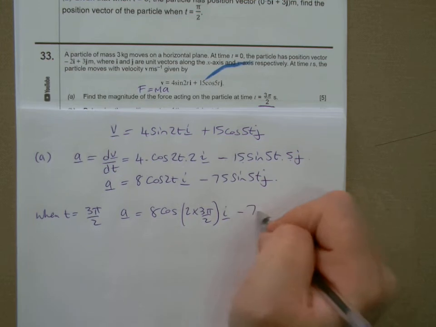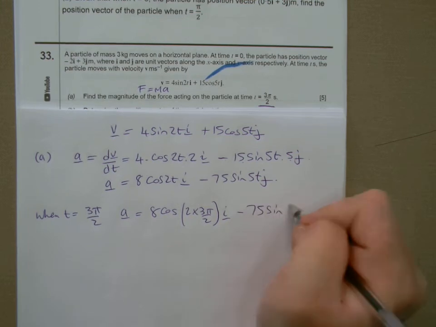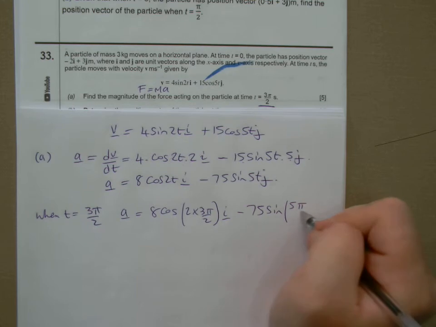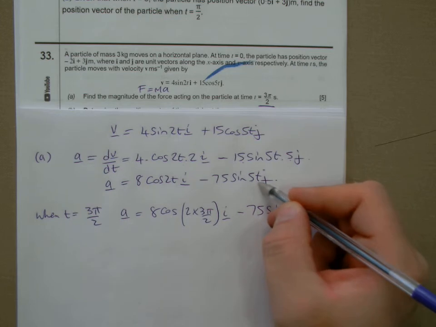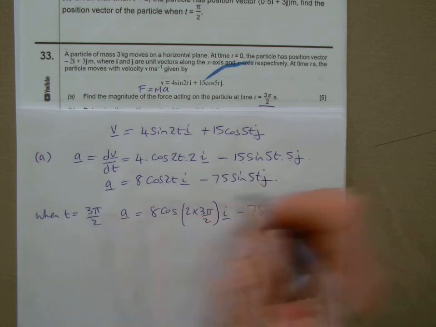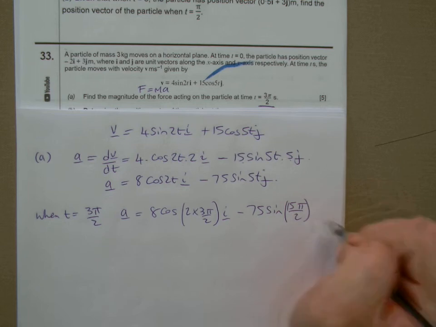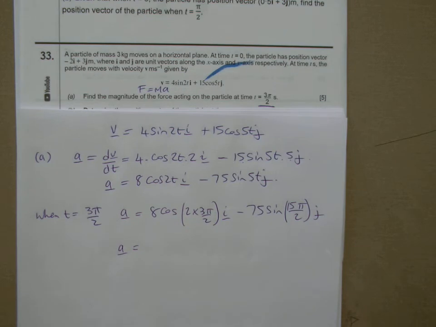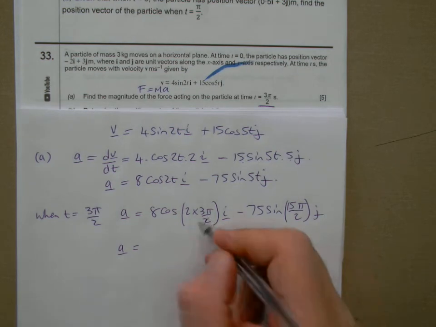And then minus 75 sine, 5t is 5 times 3 pi over 2, so that's 15 pi over 2, yeah? j. Okay, so on my calculator I'll work this out. Now, those 2s would actually cancel, wouldn't they?